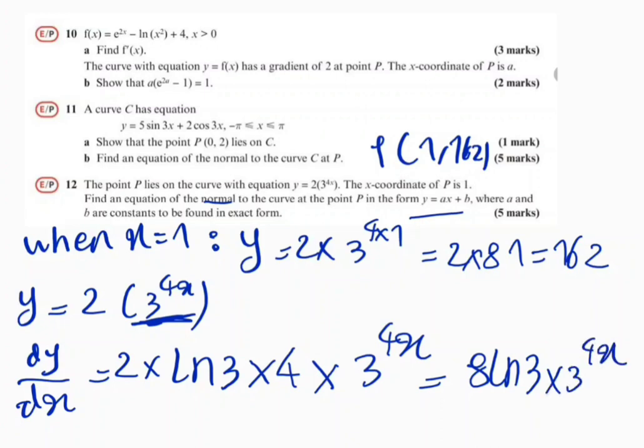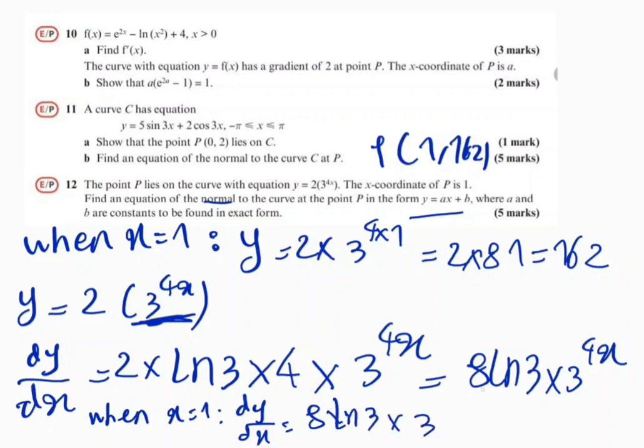So this is the derivative of the function, and now we want to work out the gradient at the point when x is 1. So when x is 1, dy by dx is equal to 8 ln 3 times 3 to the power of 4 times 1.